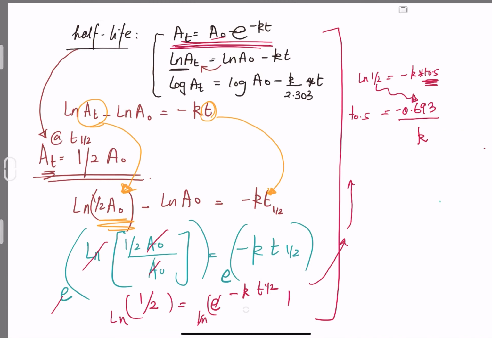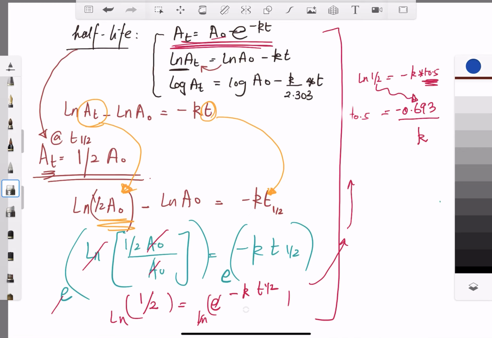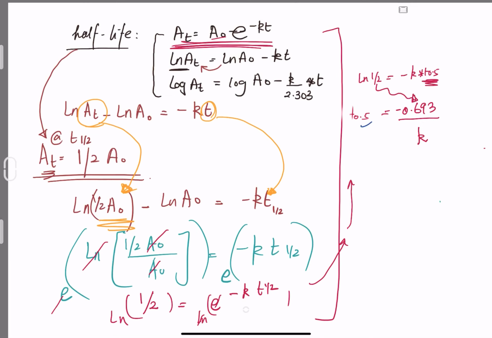If we remind ourselves what this is, we know that this is the half-life of first order reaction. This is the first order rate constant with the unit of 1 over time. And this is for sure a number, so it's constant.